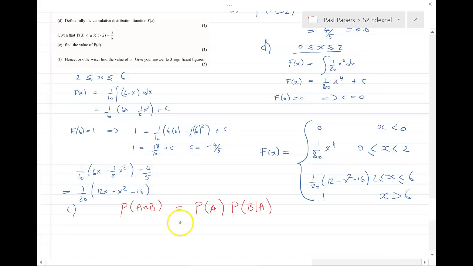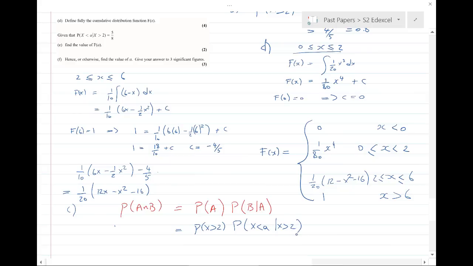So if we write that, we can say that P(A), let's let that be the probability that x is greater than 2, is going to be multiplied by the probability that x is less than a conditional on x greater than 2.